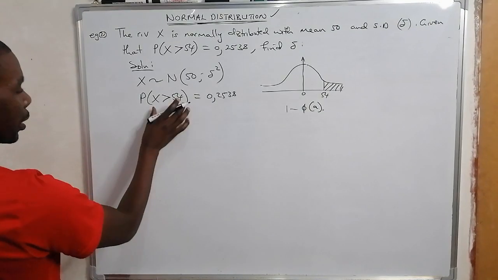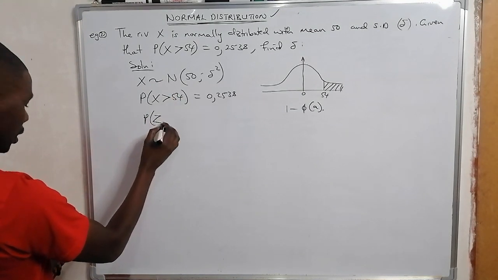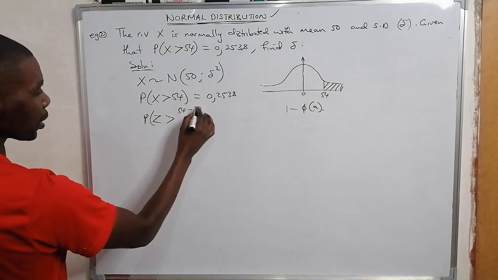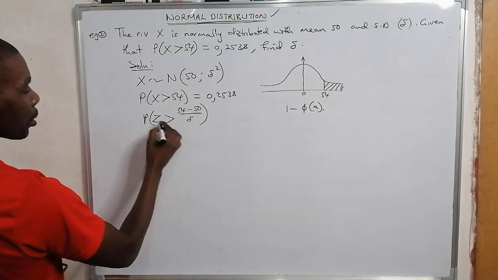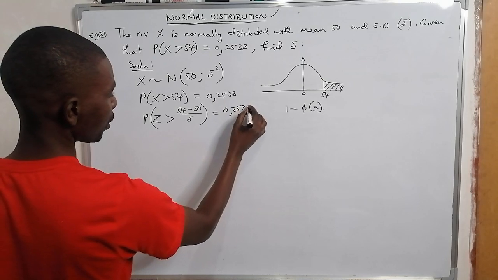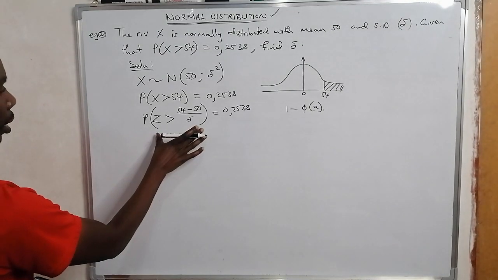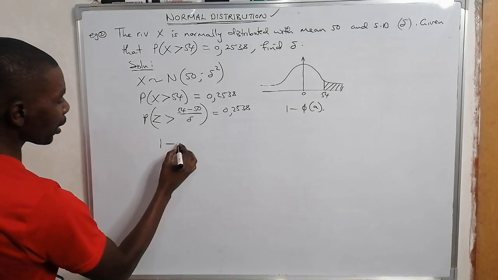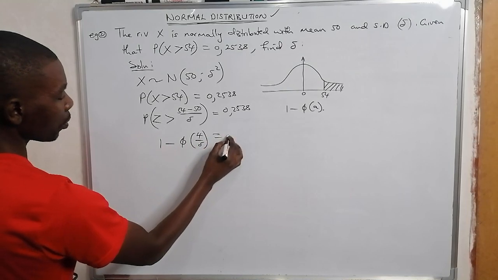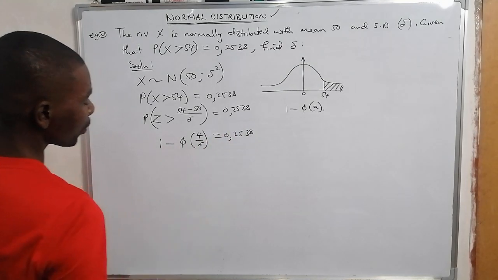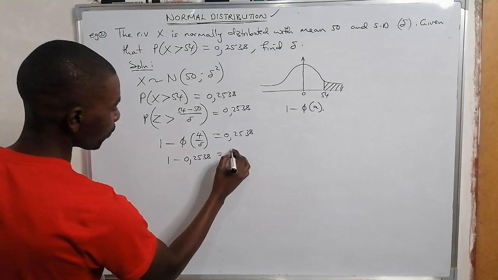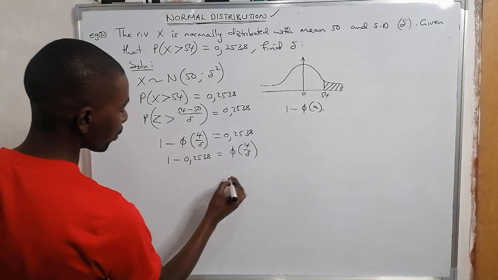Standardizing, we have the probability of z greater than 54 minus 50 divided by sigma, equal to 0.2538. From tables we use 1 minus phi of 4 over sigma equals 0.2538. Therefore 1 minus 0.2538 is equal to phi of 4 over sigma.